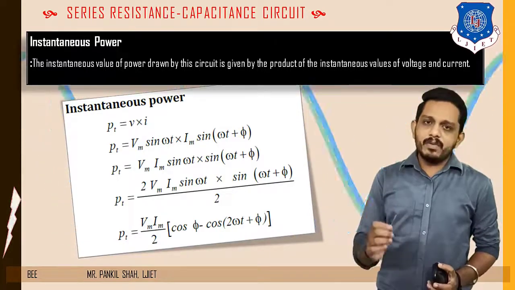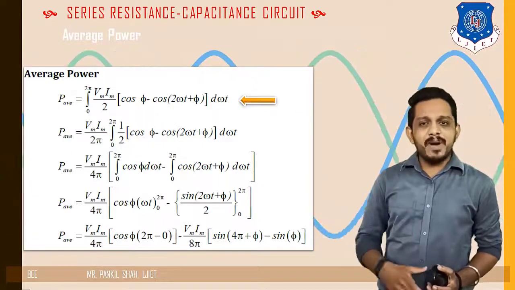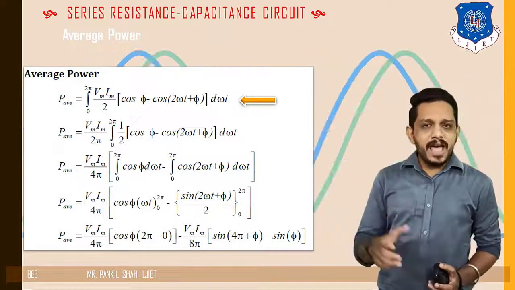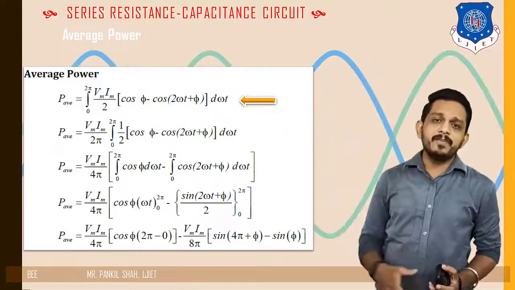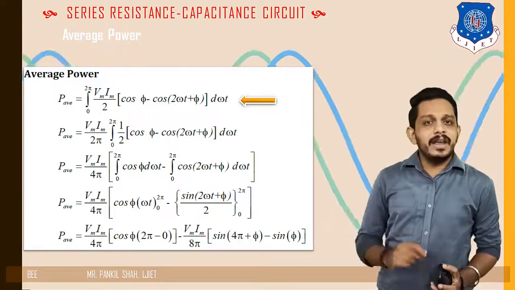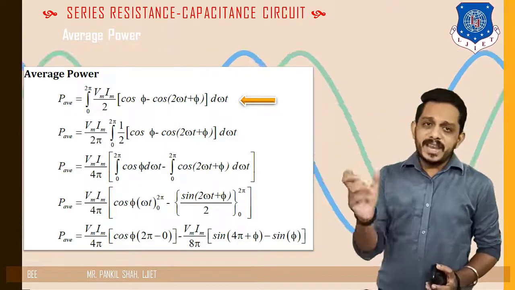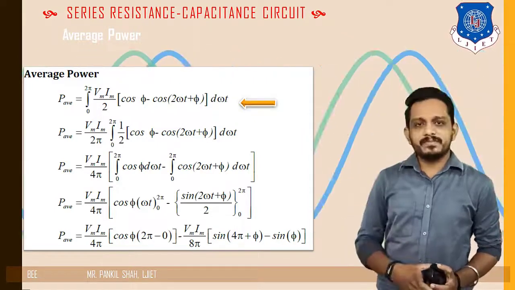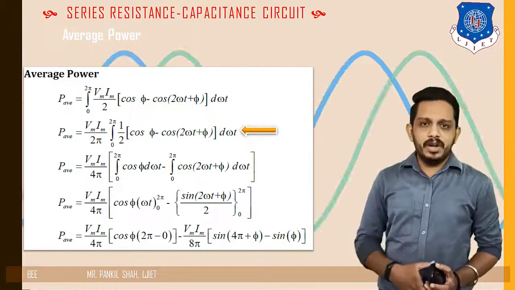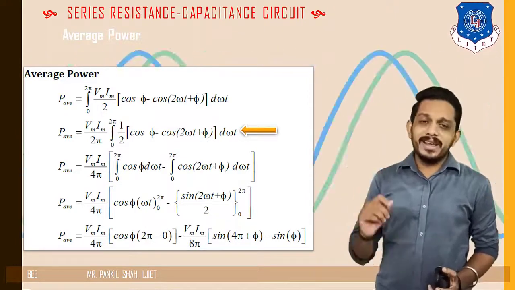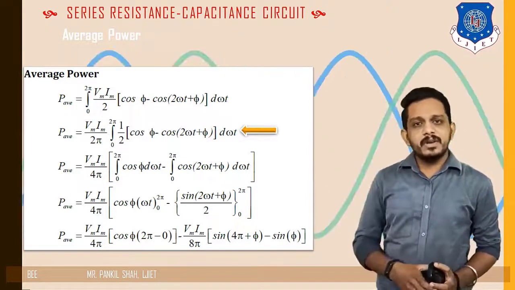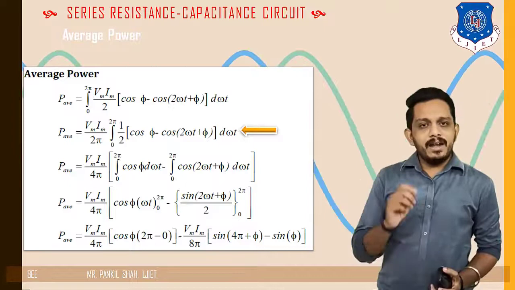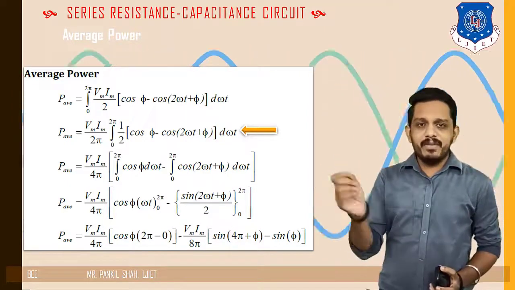Now let's find the equation of the average power consumed by this series RC circuit in one complete cycle. To find the average power, we consider the same equation, and take the integration from 0 to 2 pi of P instantaneous with respect to d omega t, divided by 2 pi. So the equation will be the integration 0 to 2 pi, in bracket cos phi minus cos 2 omega t plus phi, with respect to d omega t, divided by 2 pi.